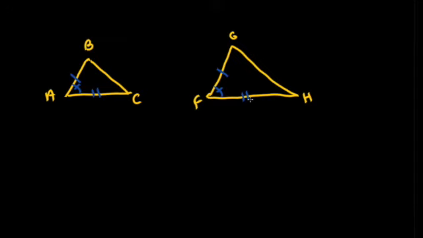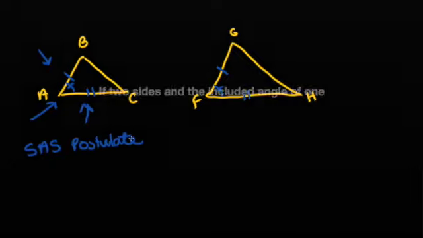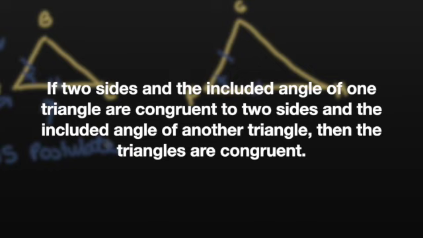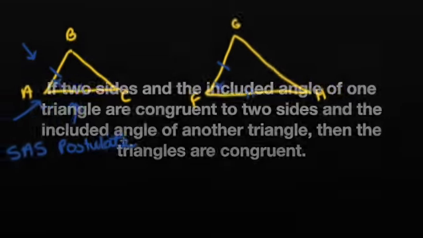However, we know that one side, one angle, and another side are all congruent. This is known as the SAS postulate. The SAS postulate states that if 2 sides and the included angle of one triangle are congruent to 2 sides and the included angle of another triangle, then the triangles are congruent.